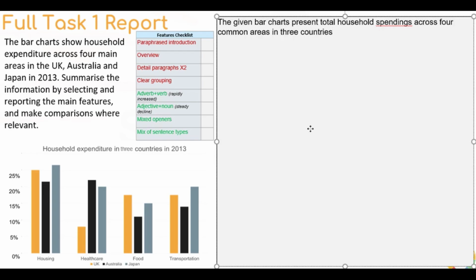And here I will use a semicolon to begin a list. The UK, Australia and Japan, across 3 countries. And let's add the date as well, in 2013.